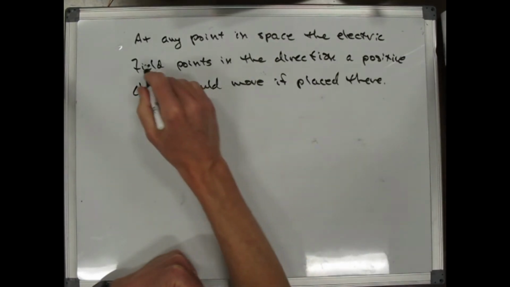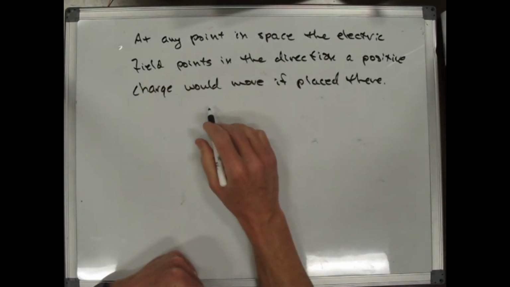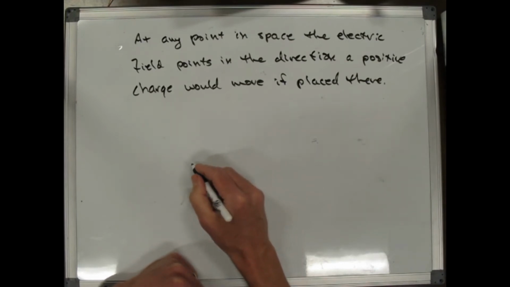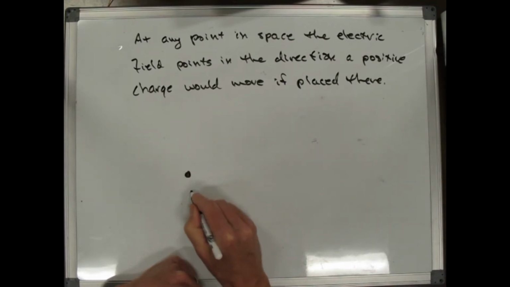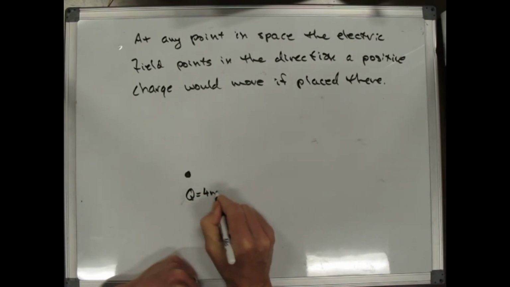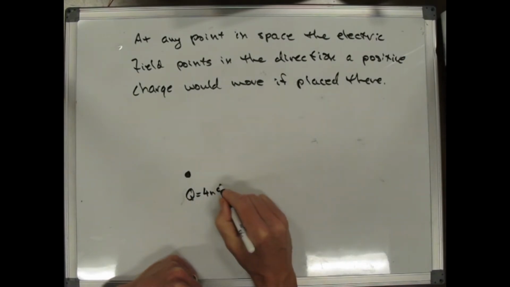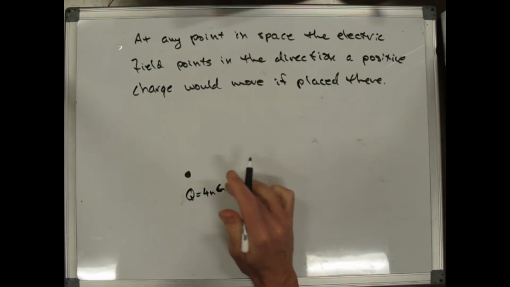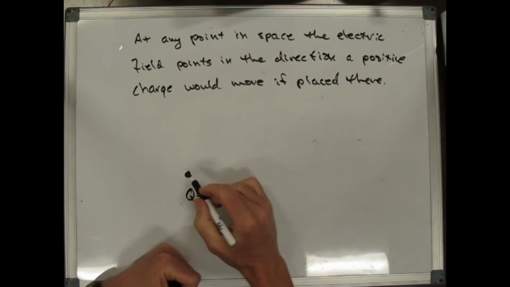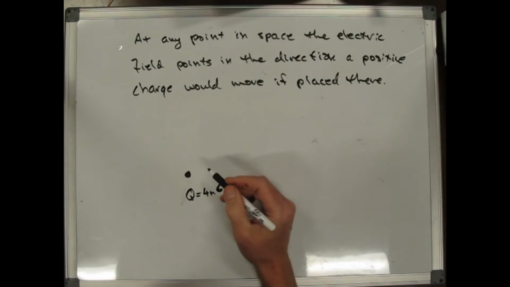So by definition, at any point in space, the electric field points in the direction a positive charge would move if placed there. And so if I have some positive charge Q, like I did, and this is 4 nanocoulombs, then Q is greater than 0, so it's positive.